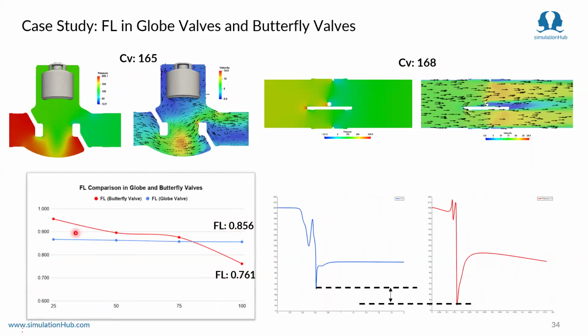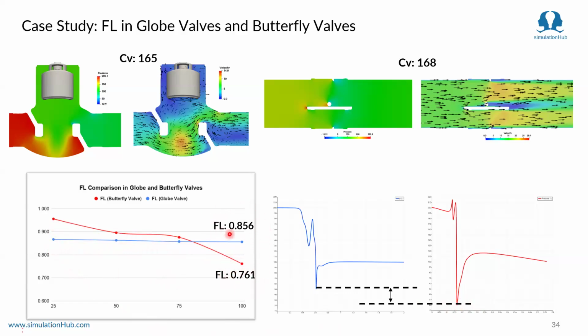In the FL versus opening condition plot, a globe valve generally maintains a flat or consistent behavior across all conditions, but the butterfly valve varies across the opening conditions. As we had seen in the previous slide, a butterfly valve at a fully open condition has a lower FL value compared to a globe valve.